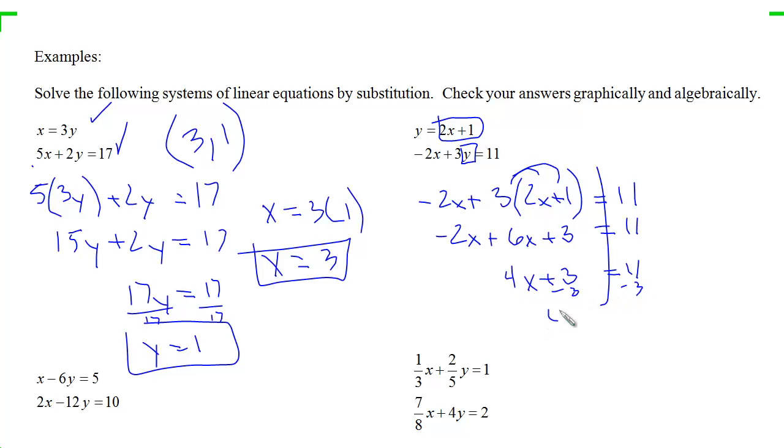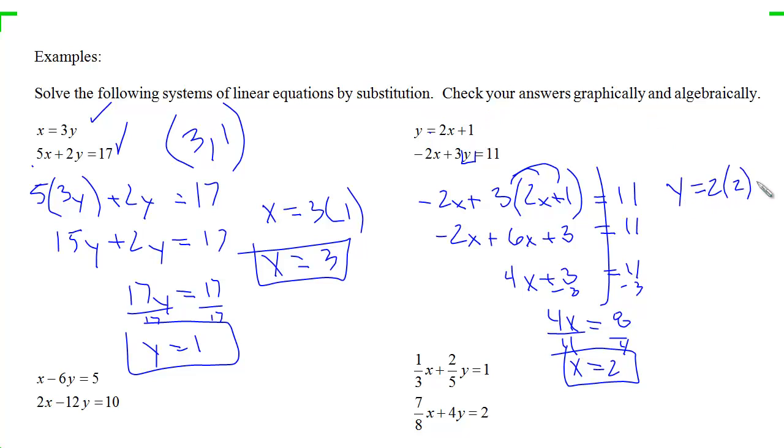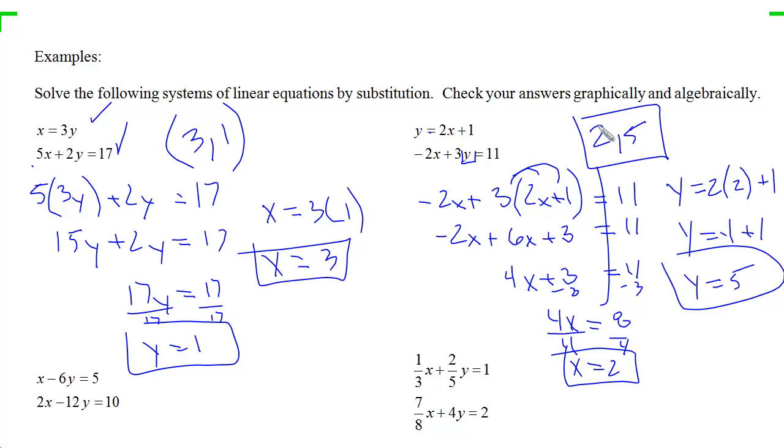Subtract 3, and that's going to leave me with 8. And I have my x value. I sub it back in and find the y. So 2 times 2 is 4. So I should get 2, 5. And that should be really my coordinate.